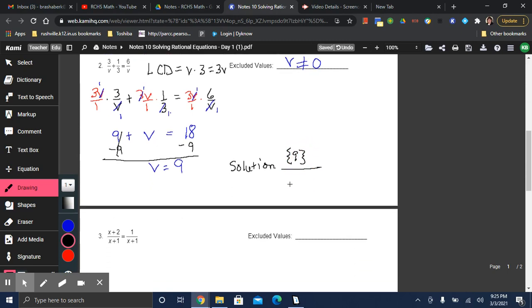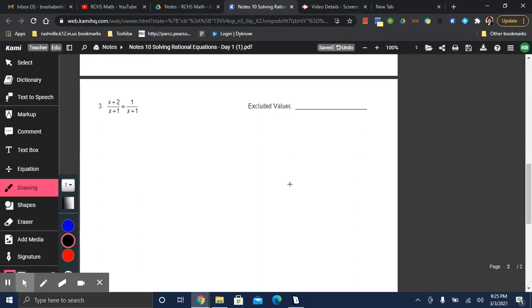Okay, and we have one last problem to look at. Now, this one looks a little more complicated, but actually is not. However, we'll start it with the excluded value. Now, I have two denominators, but they're the same. So I want to know what value would make that denominator equal to 0.